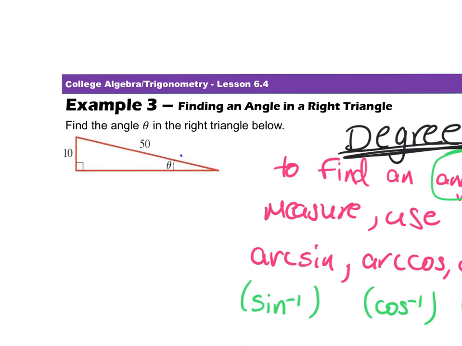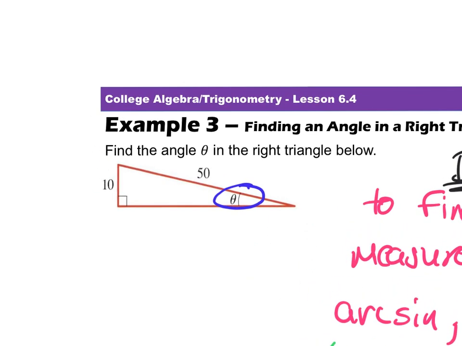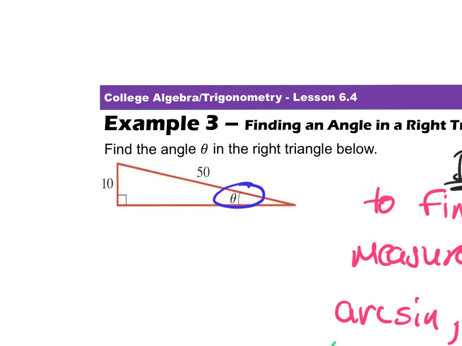Here is my theta. Everybody see the theta that we're talking about? In regards to theta, what is 10 and what is 50? Opposite, adjacent, or hypotenuse? 10 is the opposite, agreed. And 50 is the hypotenuse. So what trig function in right triangle trigonometry uses opposite and hypotenuse?